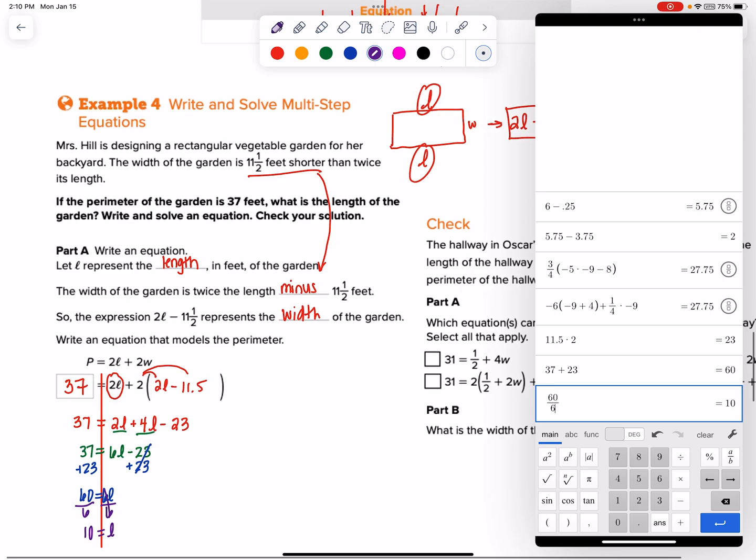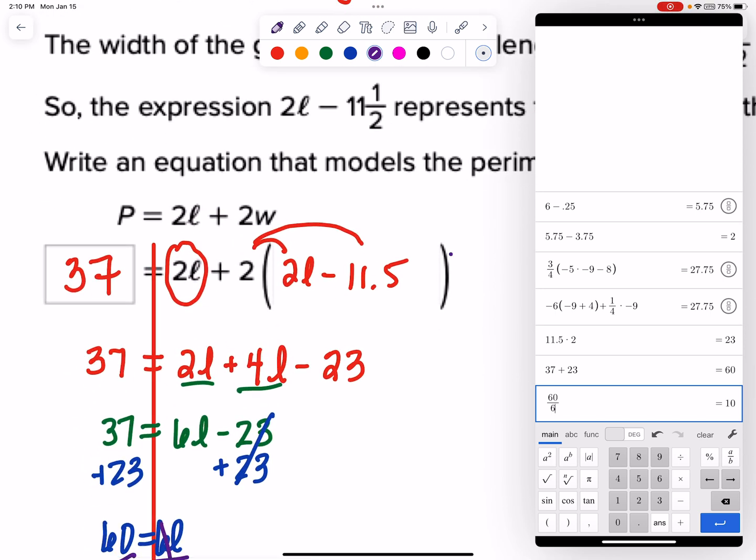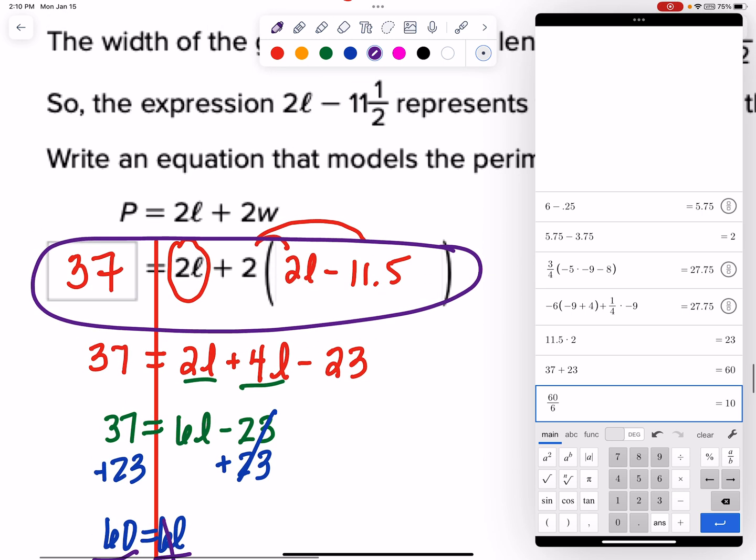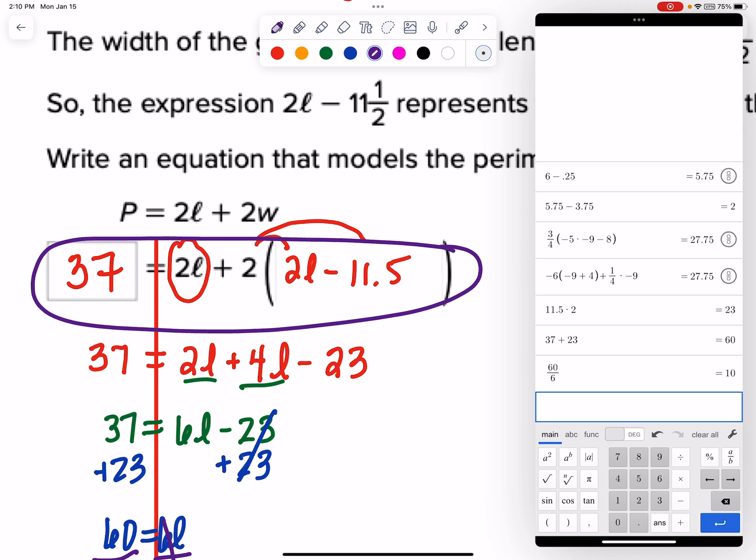We'd want to go back up and check with our equation right here. If L equals 10, then both sides will work out perfectly. So we have 2 times 10 is 20. But actually we have to take care of the parentheses first. So let's just go ahead and type it out. So 2 times 10 plus 2 times the quantity of 2 times 10 minus 11.5.